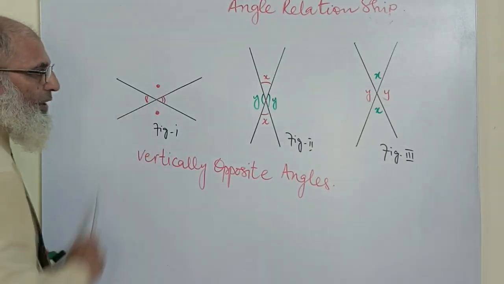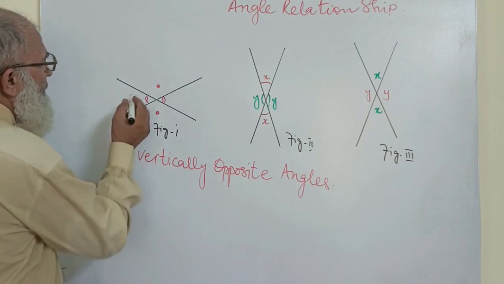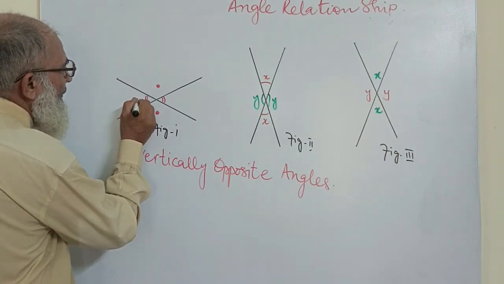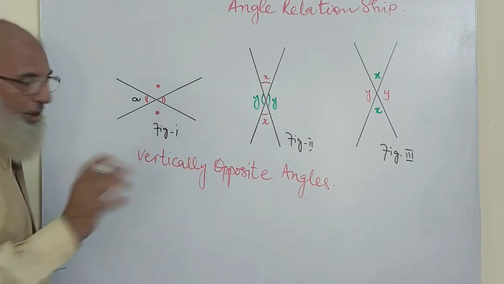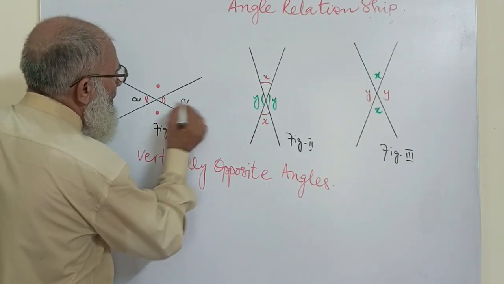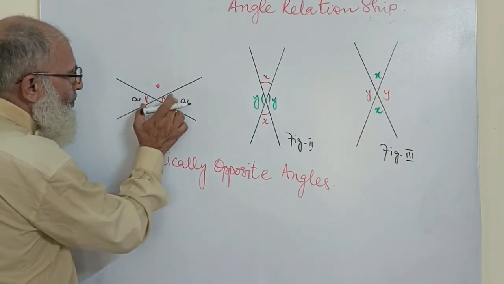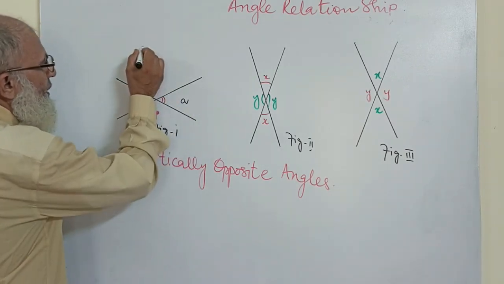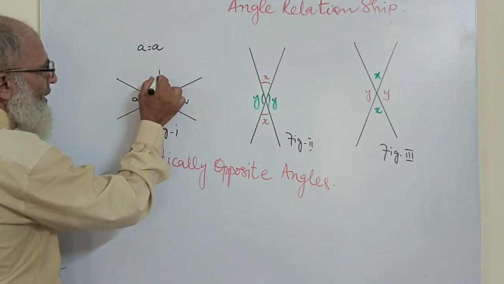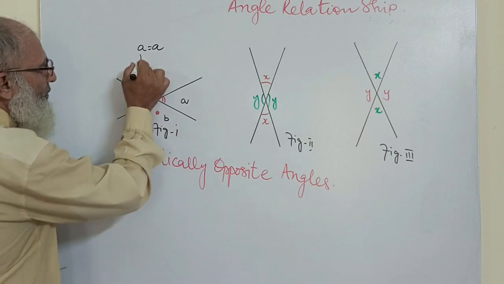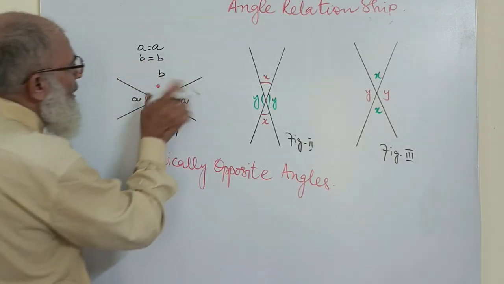Let me write it for your convenience, that if this is A, this is B, and because I have told you that the vertically opposite angles are equal, therefore A will be equal to A, and angle B will be equal to angle B.